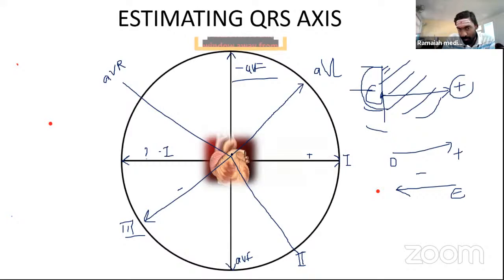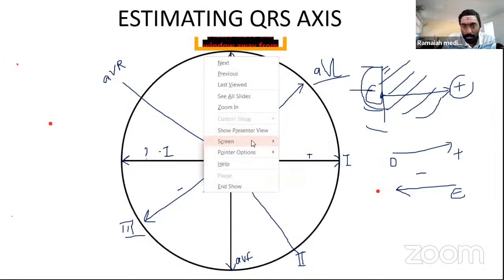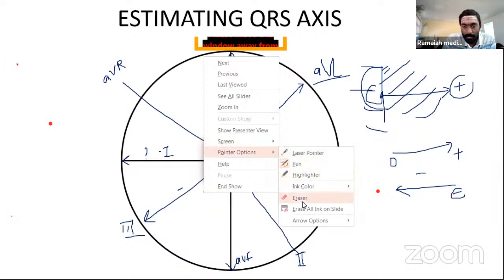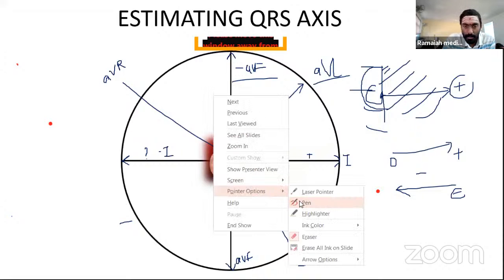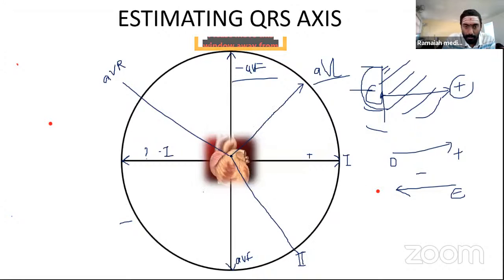It goes a little towards this side. So this would be AVL. So the exact opposite would be something here. So this would be lead 3. So AVL will be in this direction, negative of AVL will be here, negative of AVR will be here.